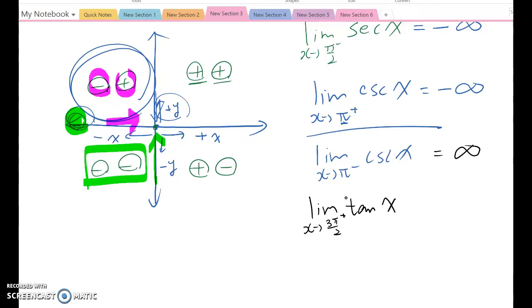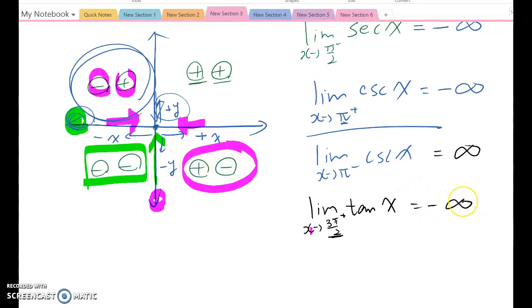The angle 3 pi over 2 is located around here. Now for tangent, cosine is from the positive side, which is this direction. Yes, then this angle and this direction should be this quadrant. So their signs are different, so the answer becomes negative infinity.